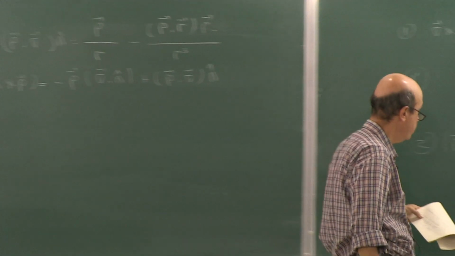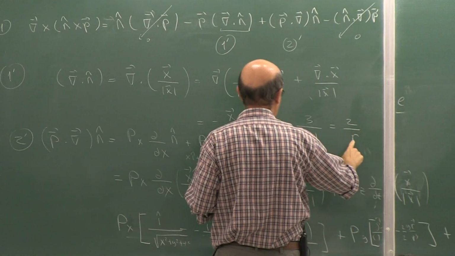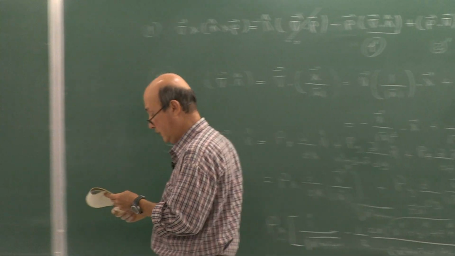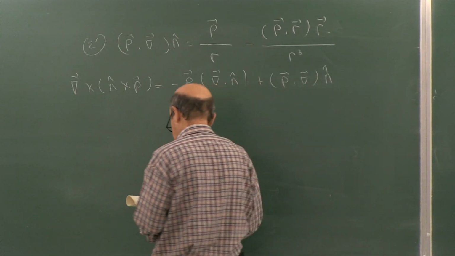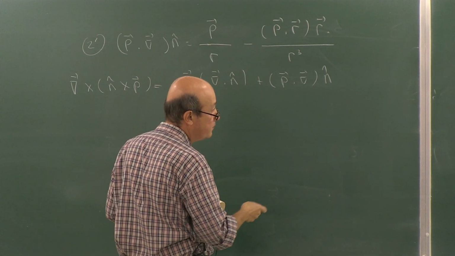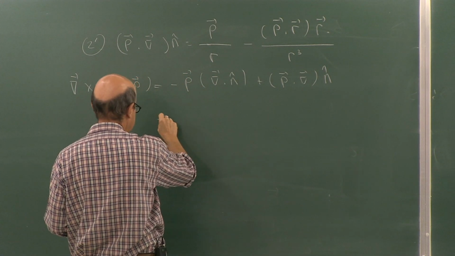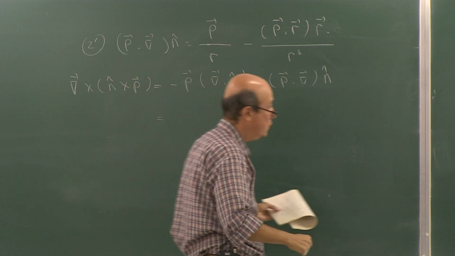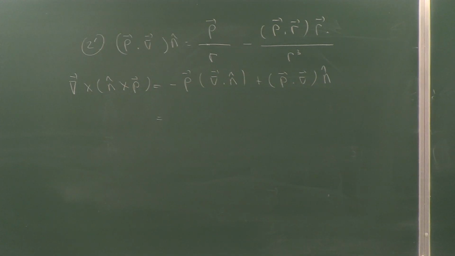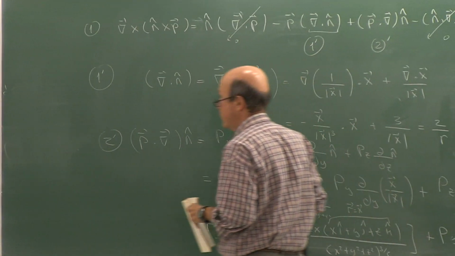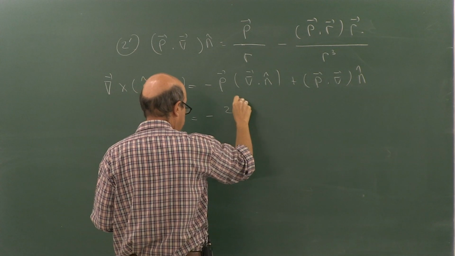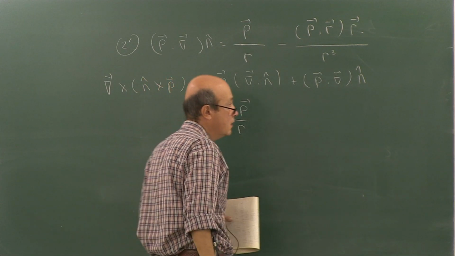And for the first term I calculated 2 over r, and for the second term I calculated that. So if you put the things together, you will get the following. So 2 over r is the divergence of n, and that is along minus p. So that makes minus 2p over r instead of this term.